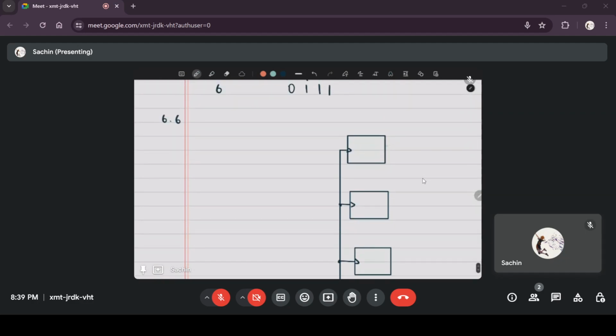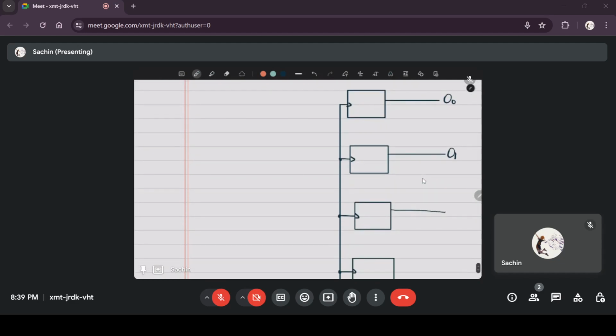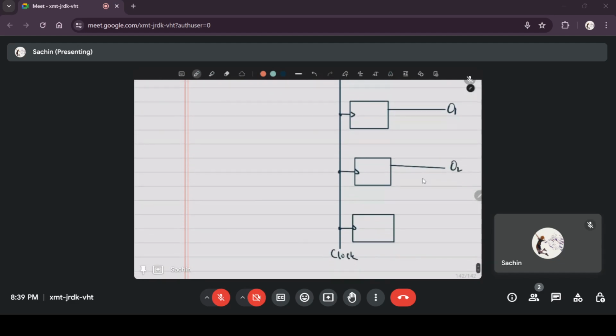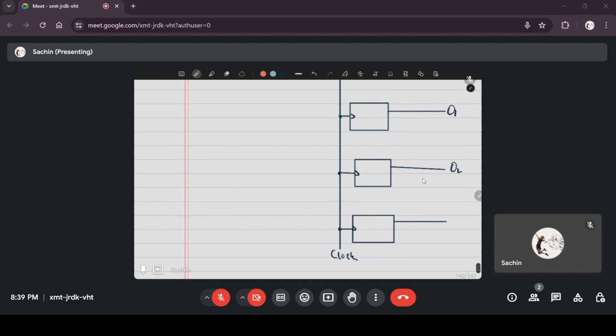Outputs are, this is the LSB O0, O1, O2, O3.